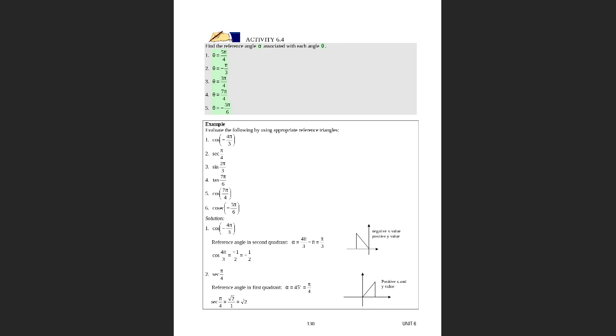For our last one, we have 0, pi over 2, pi, 3 pi over 2, 2 pi.